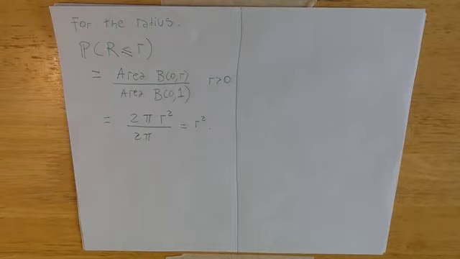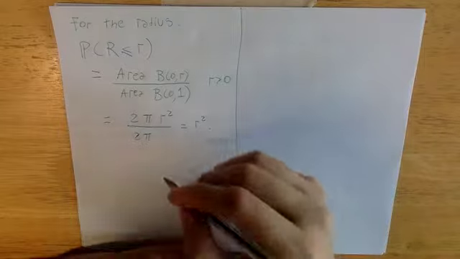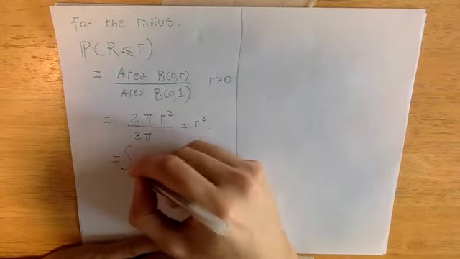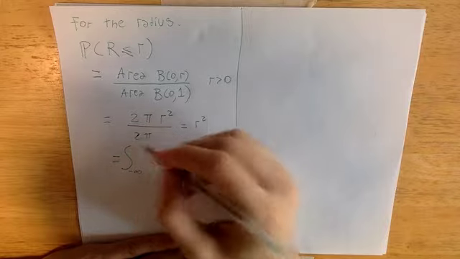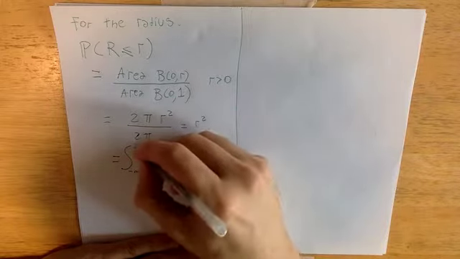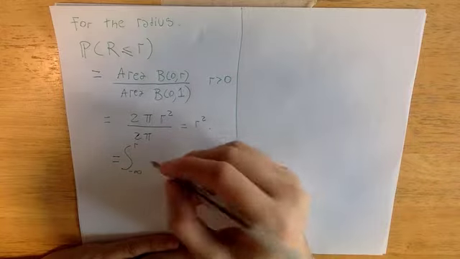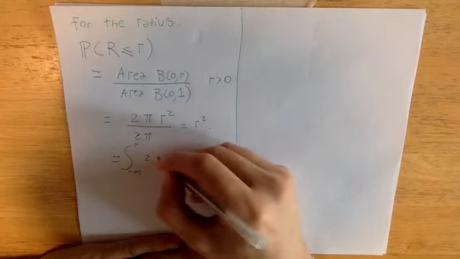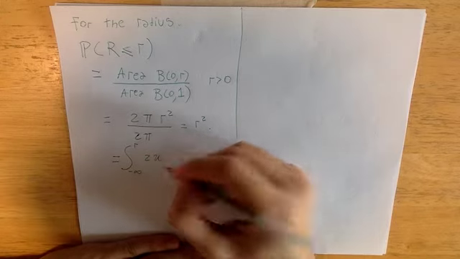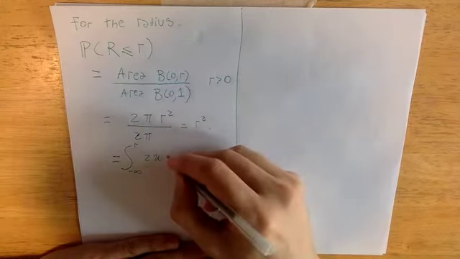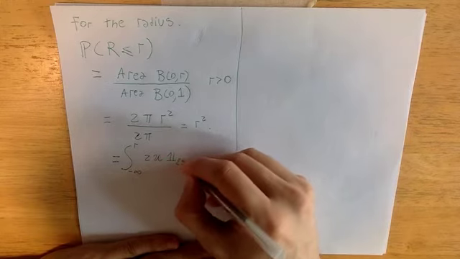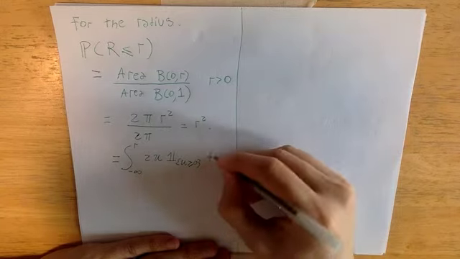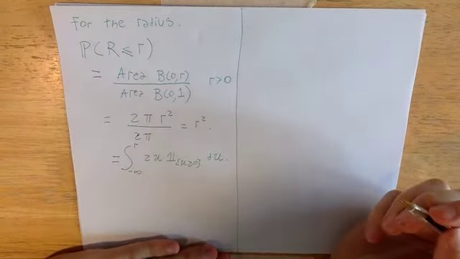So in particular, this can be written as the integral from minus infinity to r of 2, let's call it u, times the indicator of u bigger or equal than 0, du.